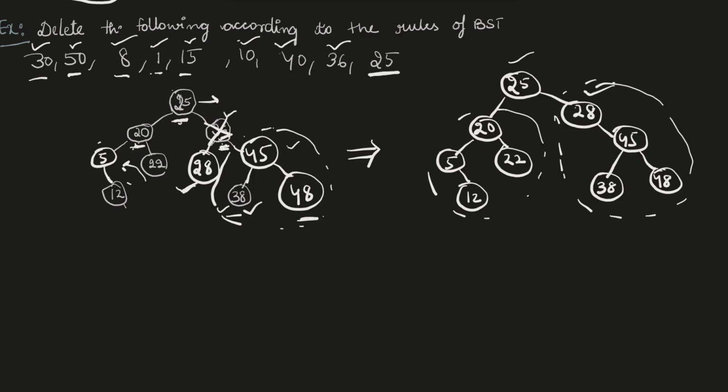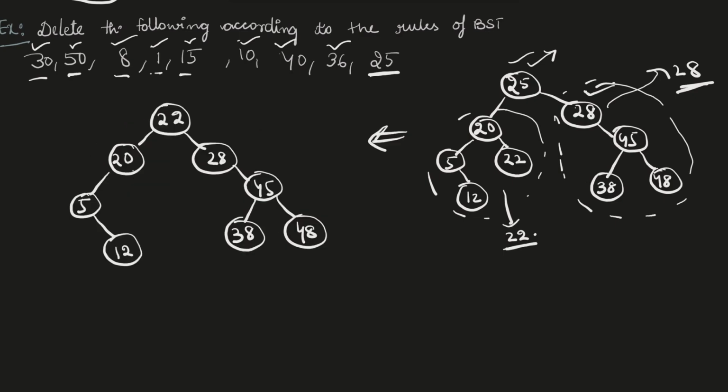So the minimum element would be obviously 28. From this, the maximum element would be 22. So in place of 25, you can choose in order predecessor value, that is 22, or in order successor value, that is 28. Let's see how it goes.